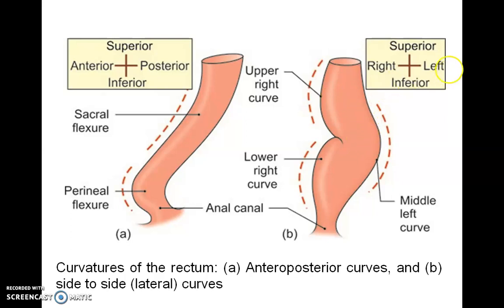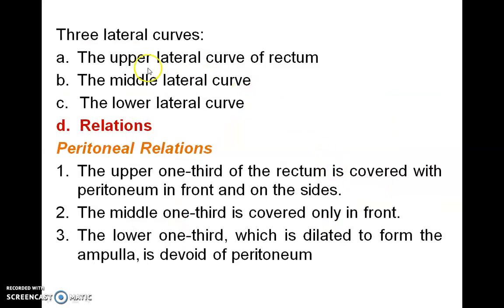This is the most important and prominent curvature. This is the lower lateral curvature, convex to the right at the level of the tip of the coccyx. So we have seen the upper, middle and lower lateral curvatures.